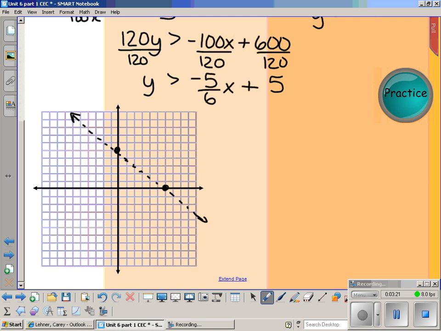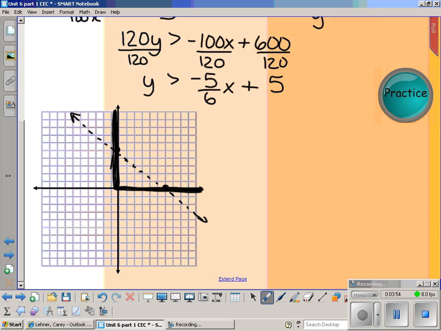Now we need to determine whether we are going to shade values above or below this line. The other thing to keep in mind is that we are only dealing with the values in the first quadrant. Because we are dealing with whole numbers, we do not have to extend outside of this region.